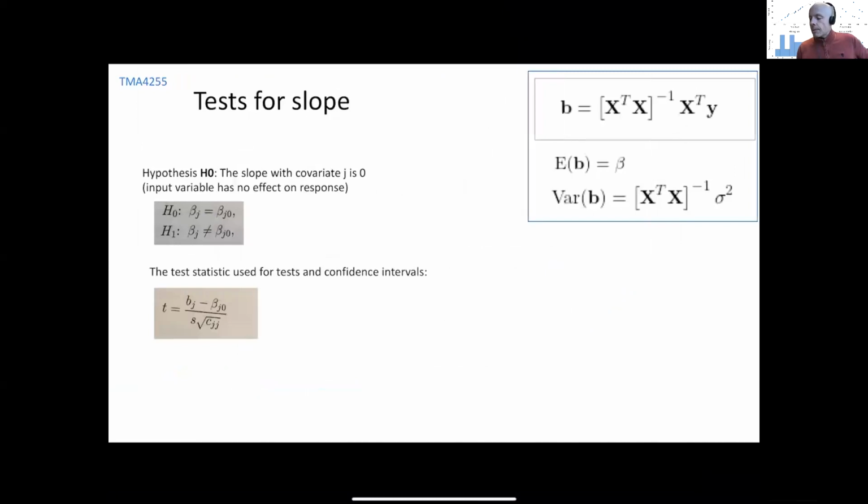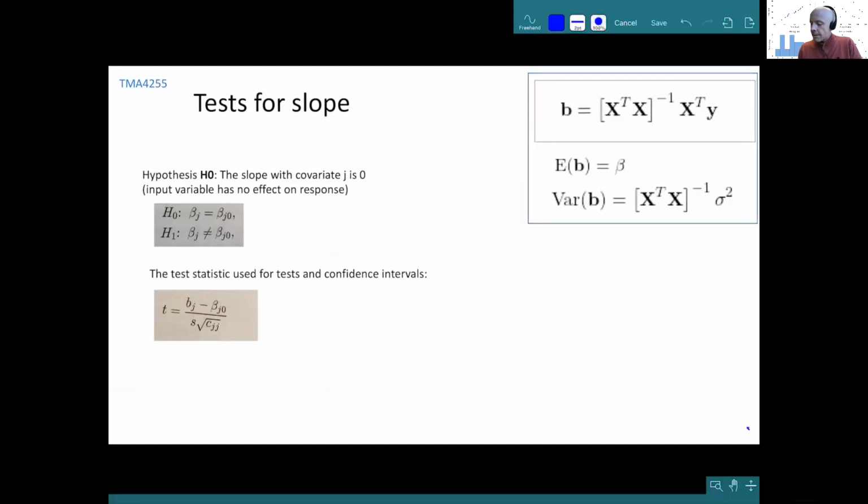And here's an example. Let's assume we want to test if the slope of a certain covariate j is equal to some fixed number that we know, beta j0. Well, then we can construct a test statistic, and this test statistic is then under H0, because you see we plug in this hypothesized value under H0.